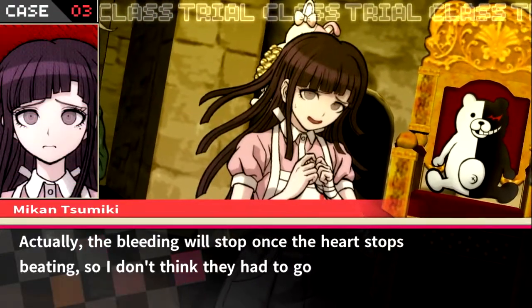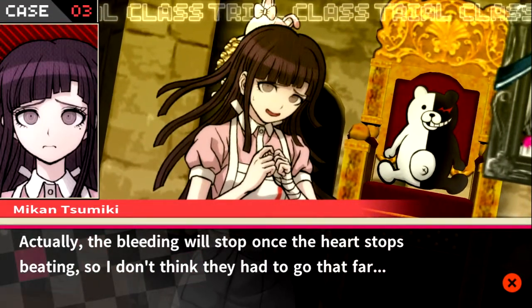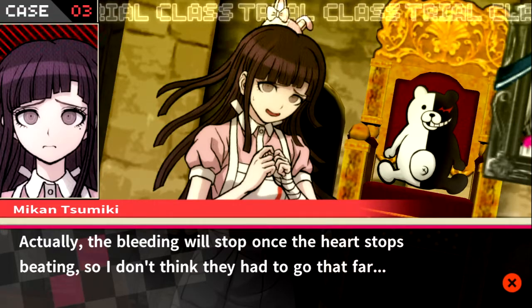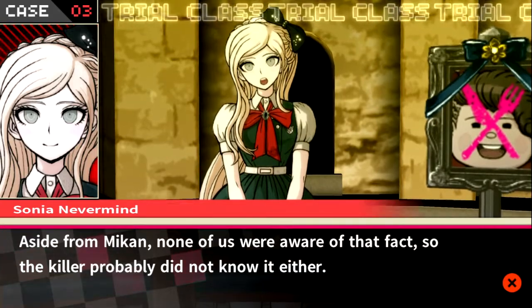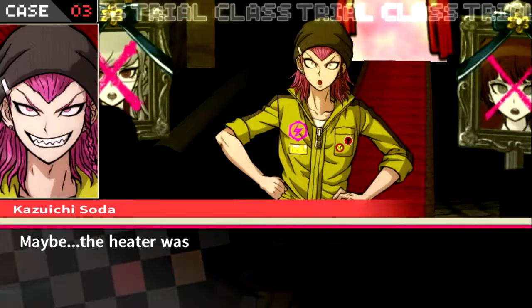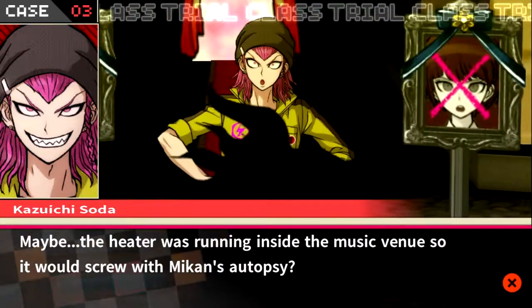Actually, the bleeding will stop once the heart stops beating, so I don't think they had to go that far. Open wounds are still a thing. Aside from Mikon, none of us were aware of that fact, so the killer probably did not know it either. Maybe the heater was running inside the music venue so it would screw with Mikon's autopsy?